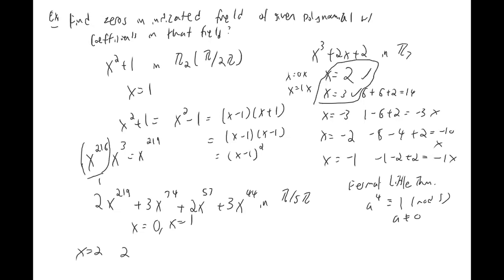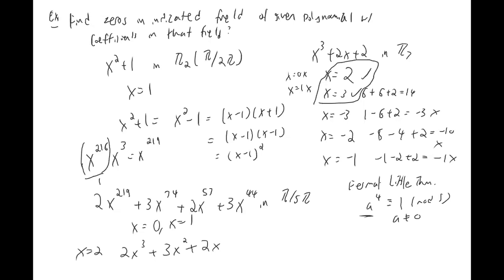Because this is just some multiple of 4, and I know whatever to the 4th is 1. So this is 2x cubed plus 3. 72 goes into 4, so this is 3x squared plus 2. 56 goes into 4, right? So this is just 2x.